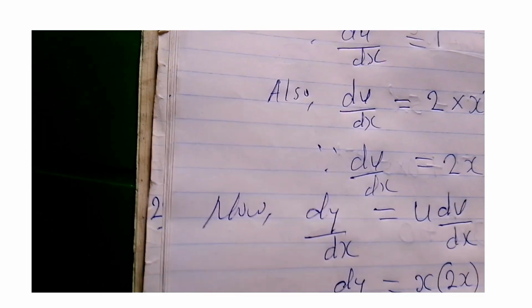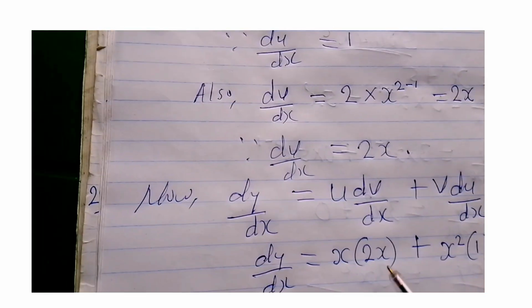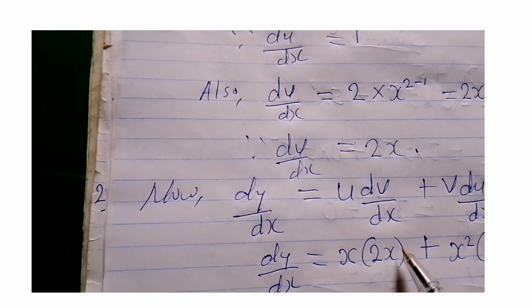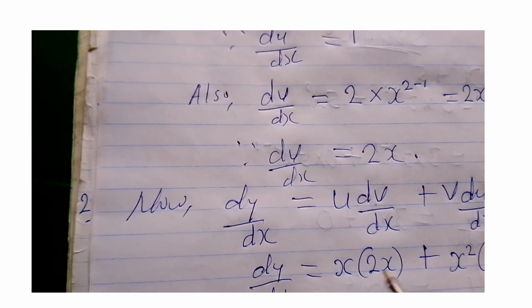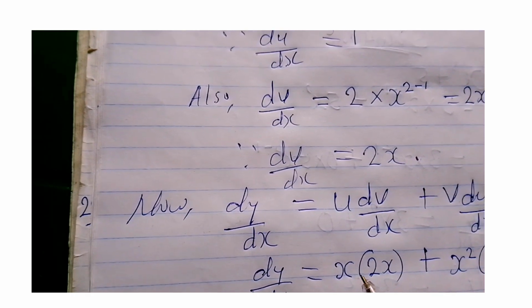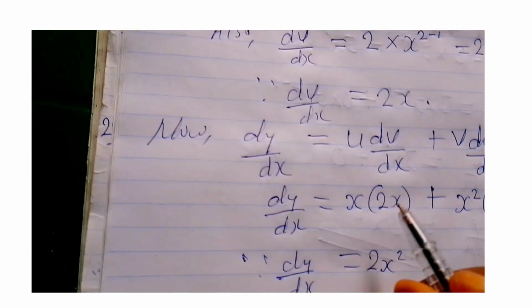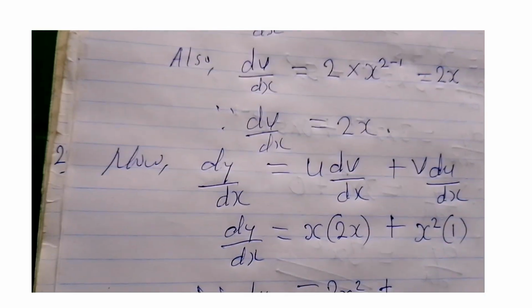Now, therefore, our dy over dx is equal to x times 2x, which gives us 2x squared, because this is the power of 1 and this is the power of 1. Based on the law of indices, when they have the same base and multiply together, we add their powers together. So we have 2x squared, because 1 plus 1 is 2. Then plus x squared multiplied by 1, which gives us the same thing, x squared.